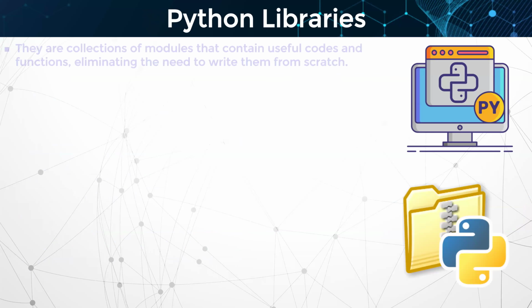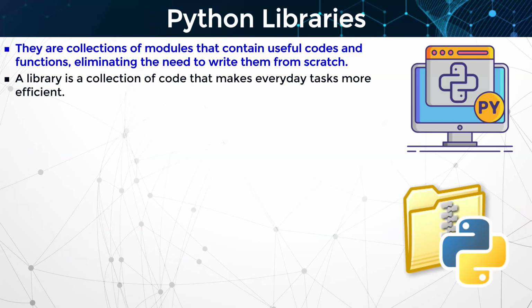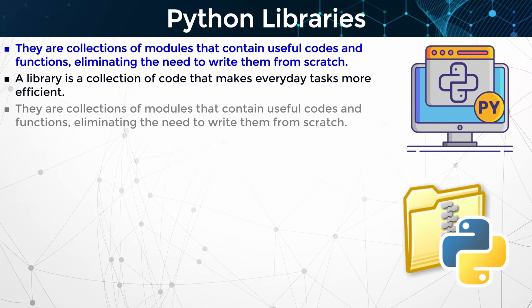So a library means a collection of modules and pre-written code that can be run directly. You don't need to write this code from scratch and can use the library directly.